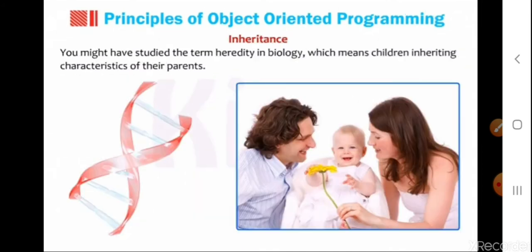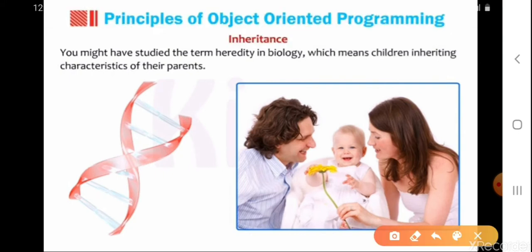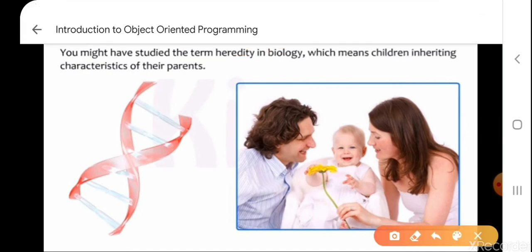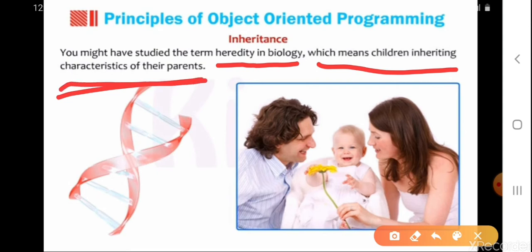Now let's talk about the third important principle, which is called inheritance. You might have studied the term heredity in biology, which means children inheriting characteristics of their parents.